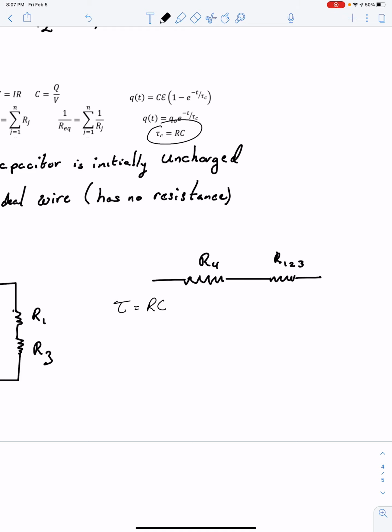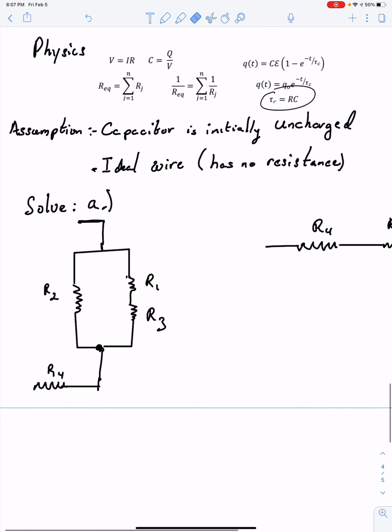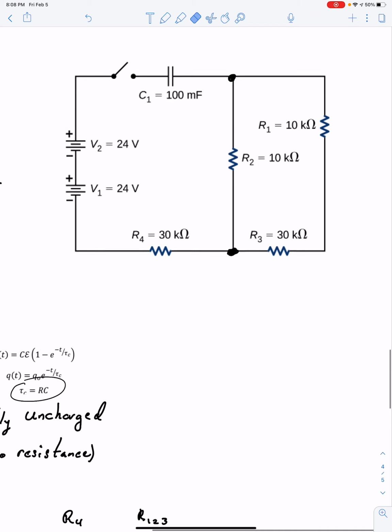Okay, so remember, when it comes to the resistance and capacitance, it is the resistance and capacitance across the whole system. So we have to find the resistance across the whole system and the capacitance across the whole system. For the resistance, it's a little bit more complicated than the capacitor.